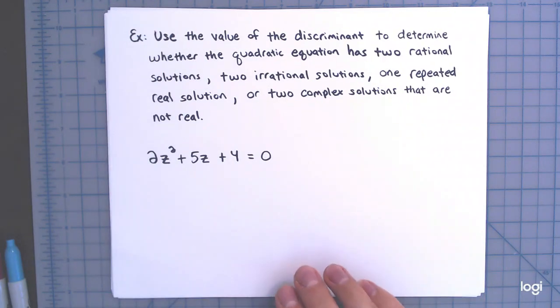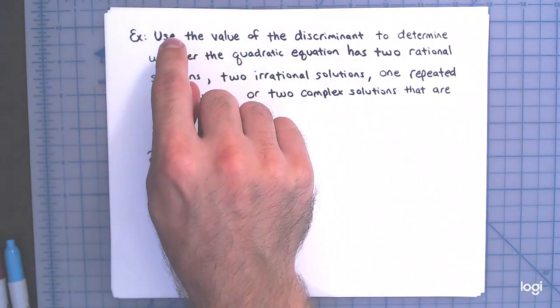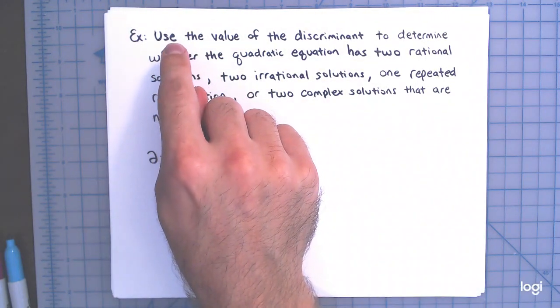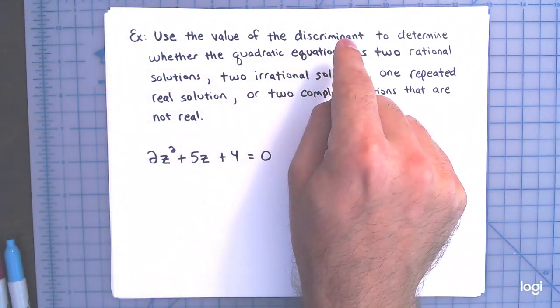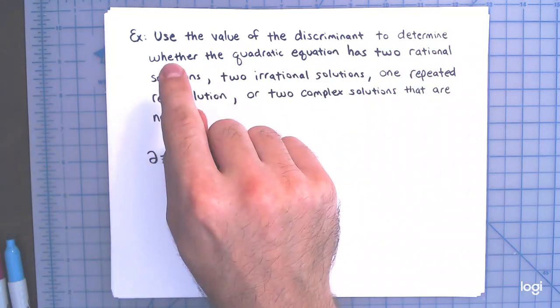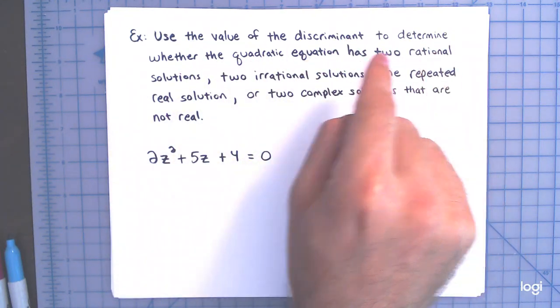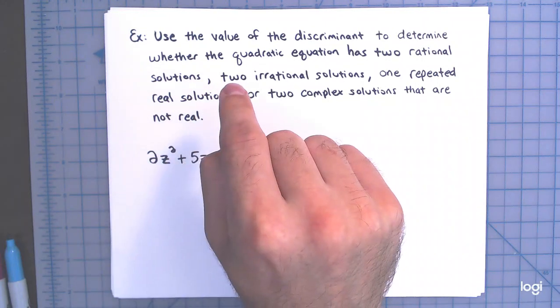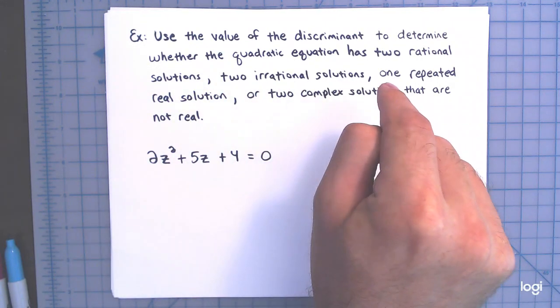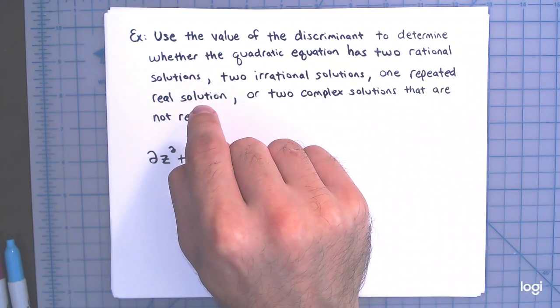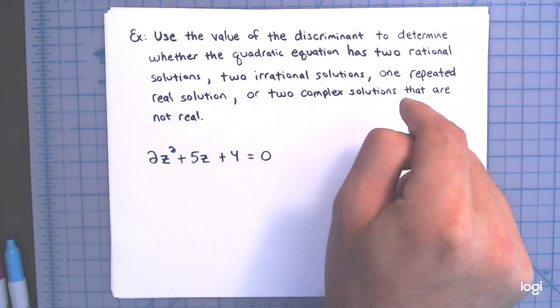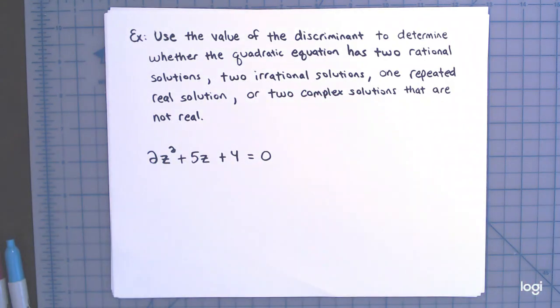Okay, so for the rest of the exercises in this video, the following directions: use the value of the discriminant to determine whether the quadratic equation has 2 rational solutions, 2 irrational solutions, 1 repeated real solution, or 2 complex solutions that are not real.